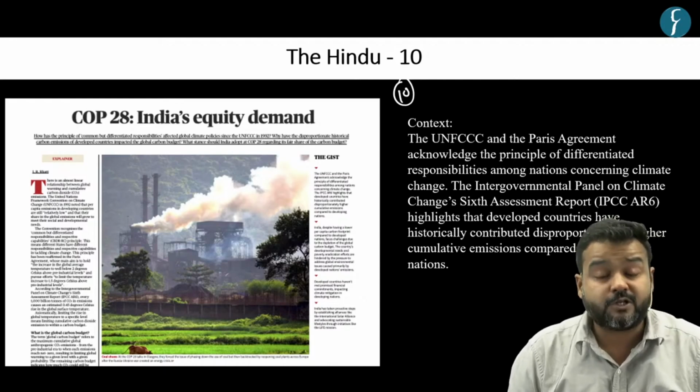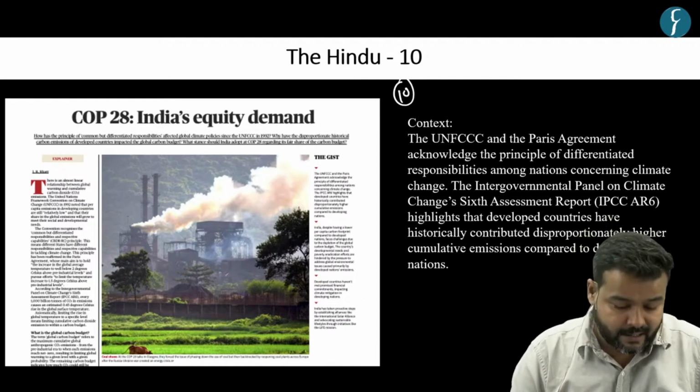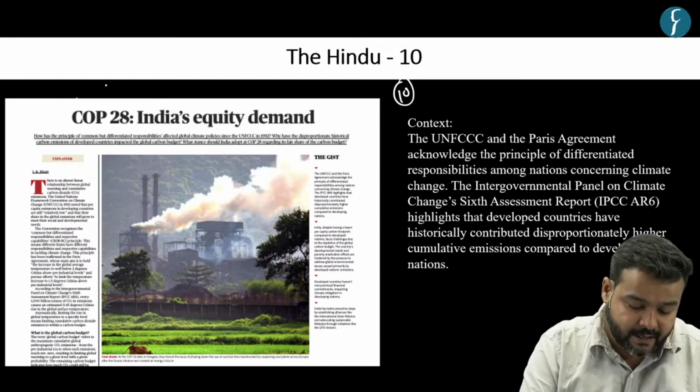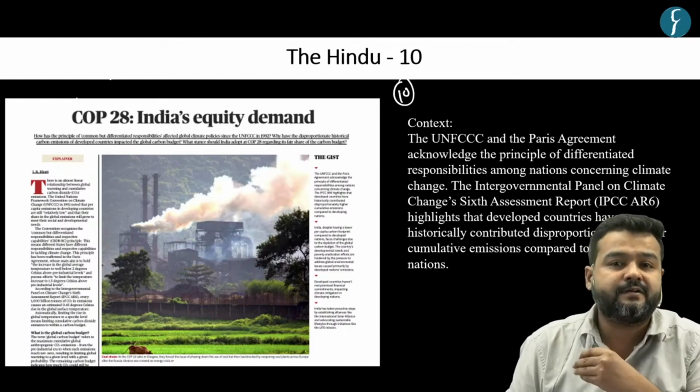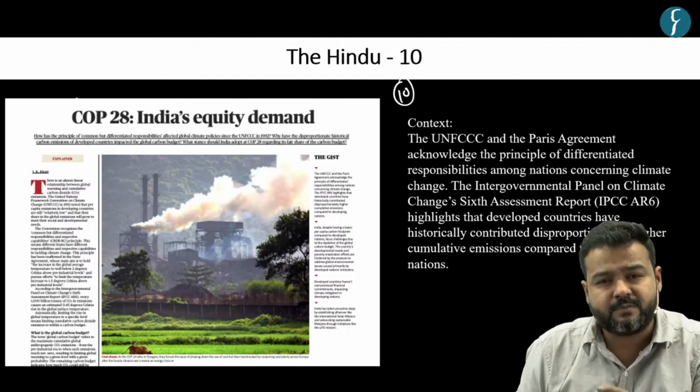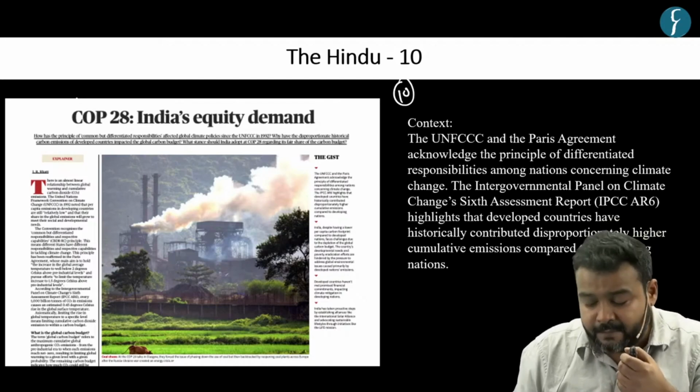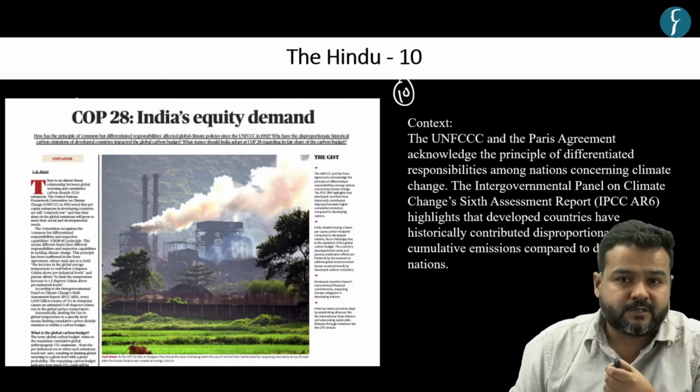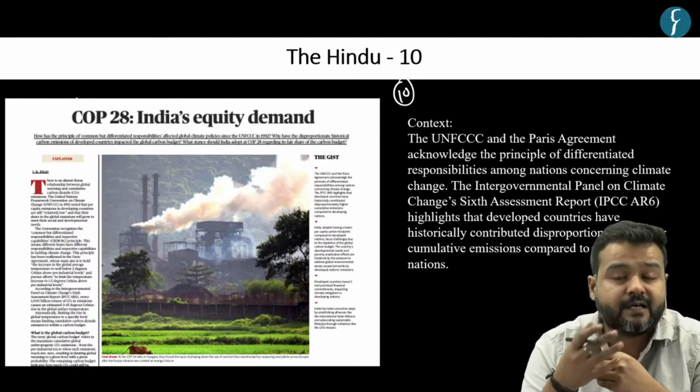Shed light on what should be India's strategy in the upcoming COP28 regarding differentiated responsibility. Now, you must be aware of this fact that emission norms or the emission reduction.